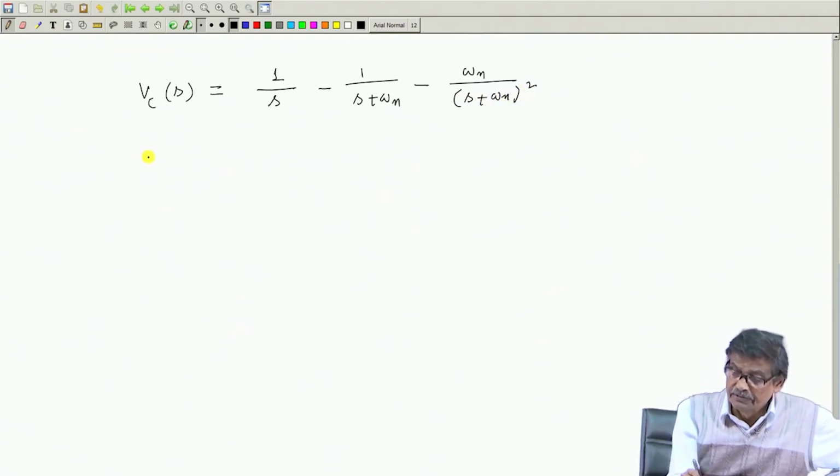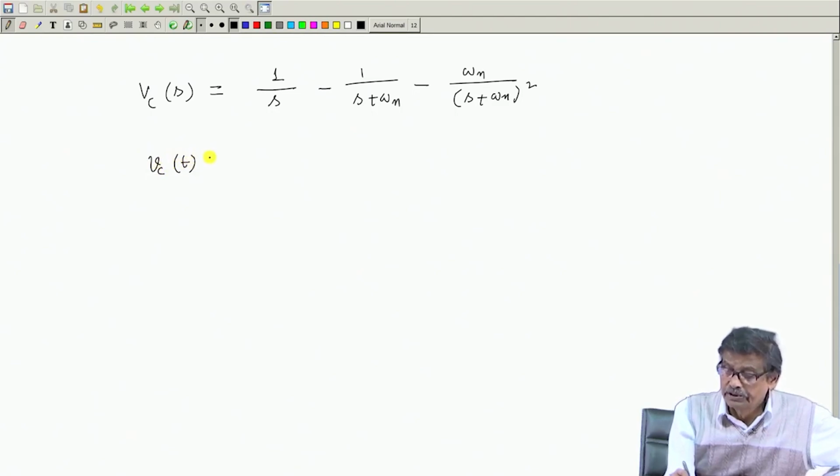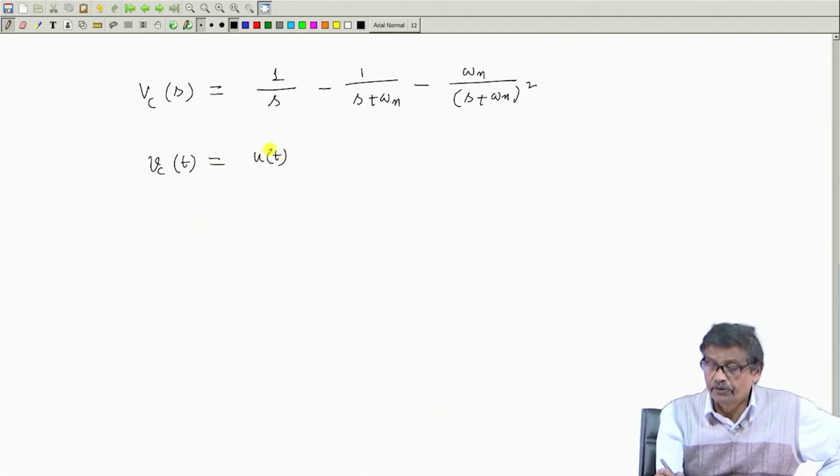Now, if you take the Laplace inverse, you will get vC of t, which will be equal to u of t, standard form.